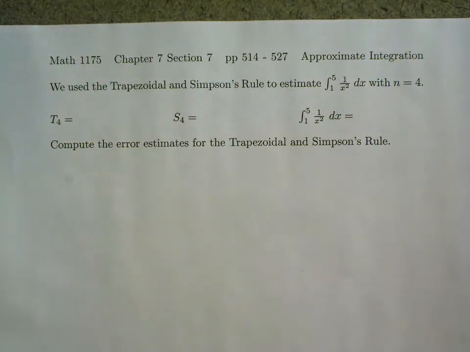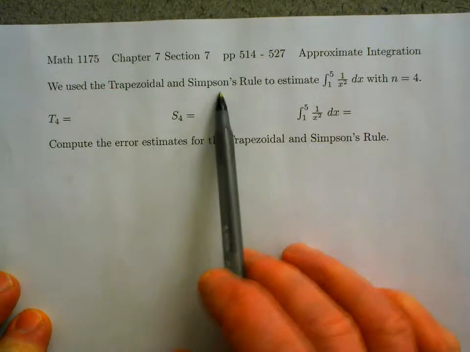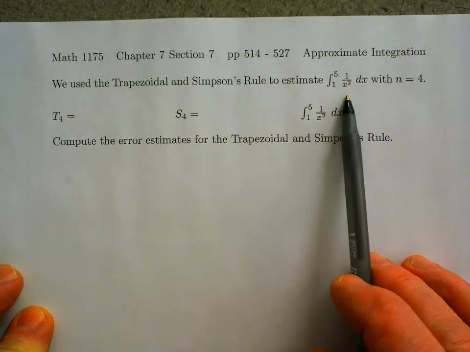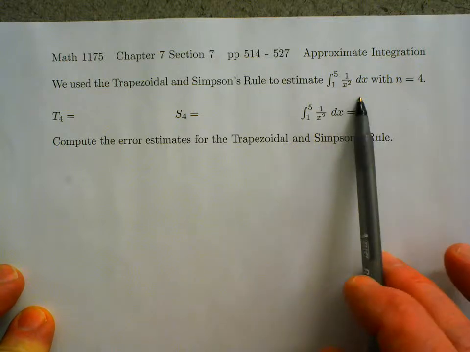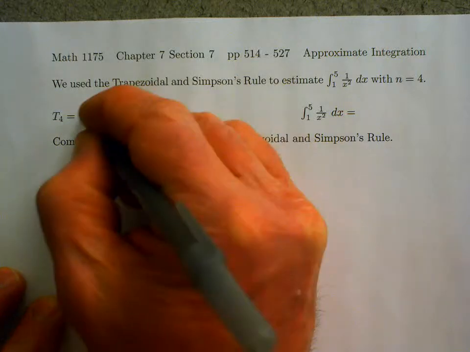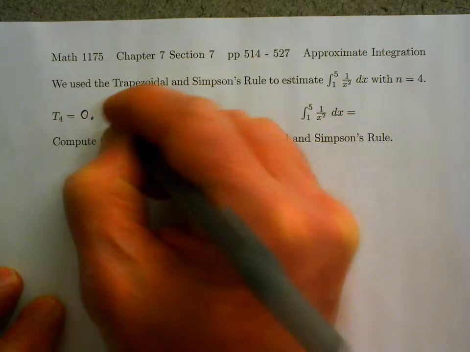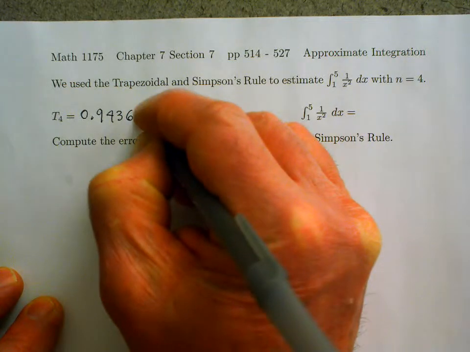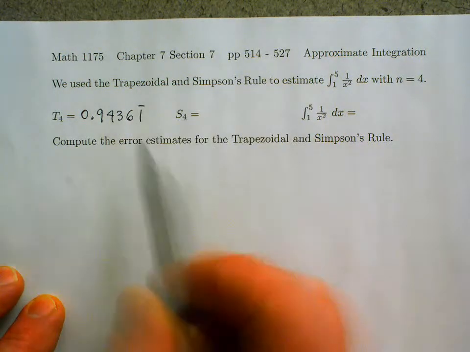Referring back to the page that we started with, we used the trapezoidal rule and Simpson's rule to estimate this definite integral with n equals 4. From the other page, the trapezoidal rule gave us an estimate of 0.9436, where the 1 repeats forever afterwards.